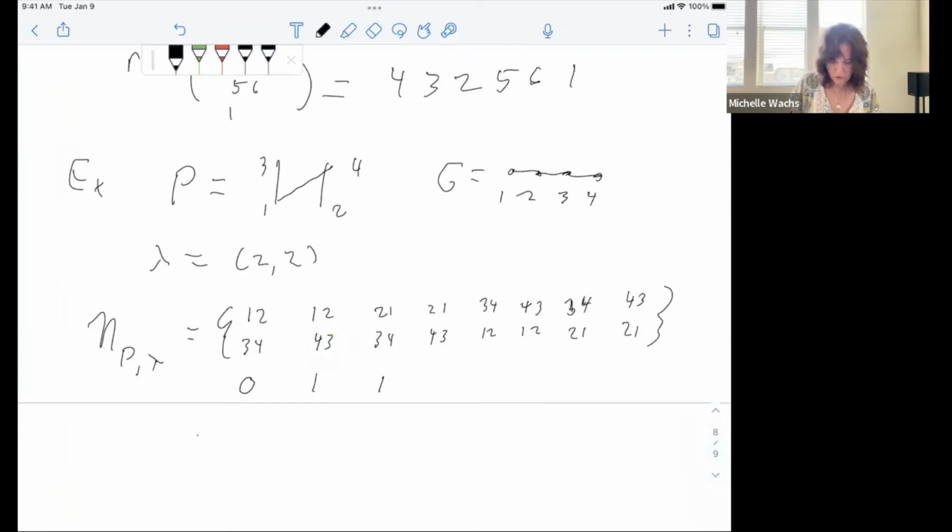We're counting G inversions. 2, 1, 4, 3, there's 2. 3, 4, 1, 2, there's none. Oh no, there's none. 4, 3, 1, 2, there's 1. 3, 4, 2, 1. The word 3, 4, 2, 1 has, see, I think I'm not doing this right. 1, 1, 2. This should have been.